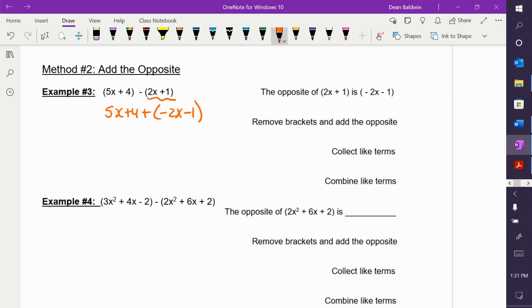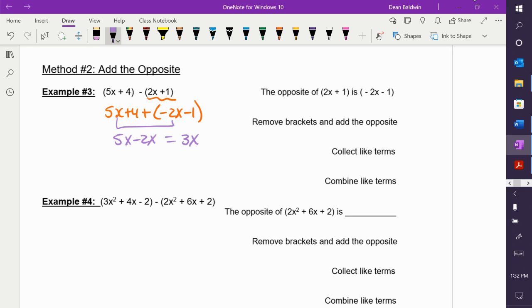Now this is just like what we just did at the beginning of class. Look for your like terms. So what are the like terms in here? The x's. What's 5 minus 2? 3.